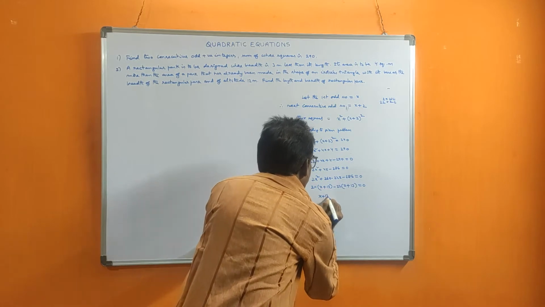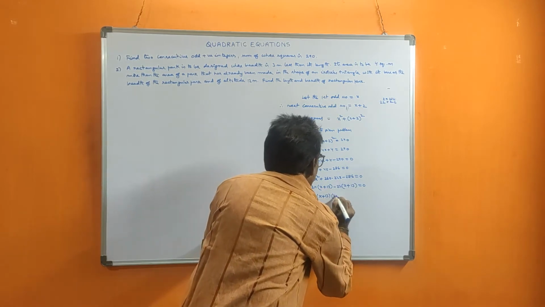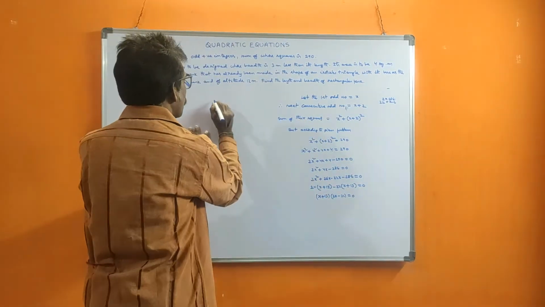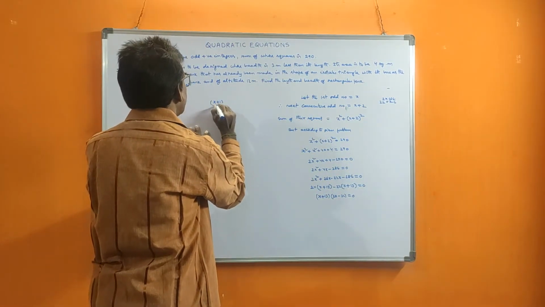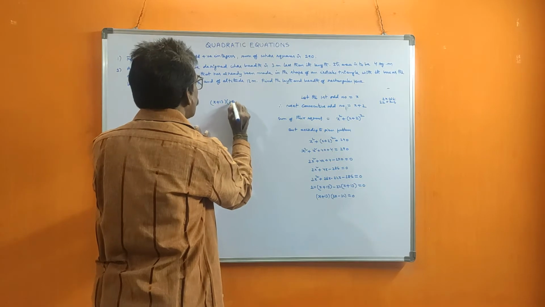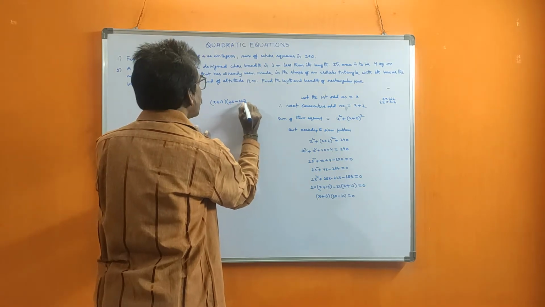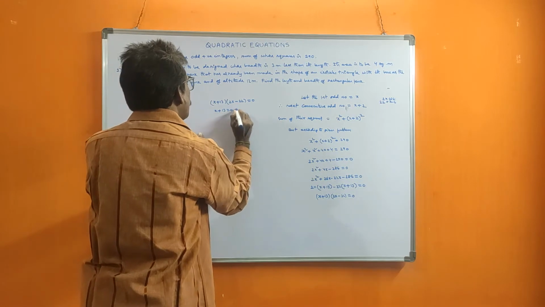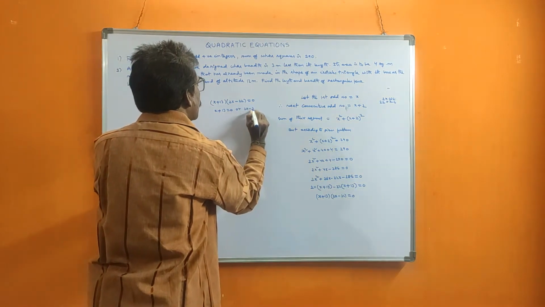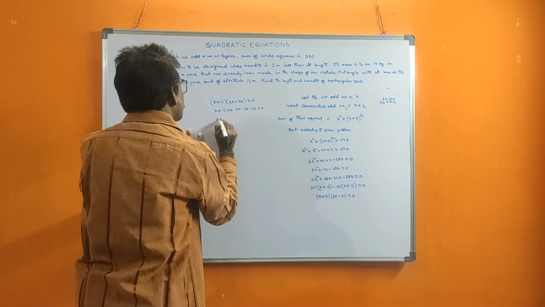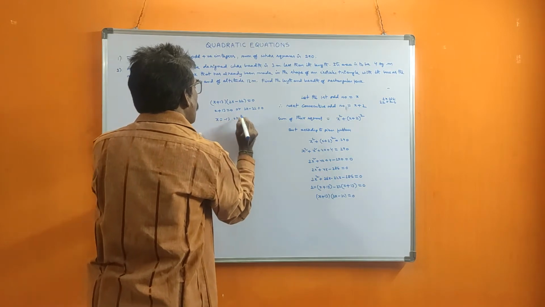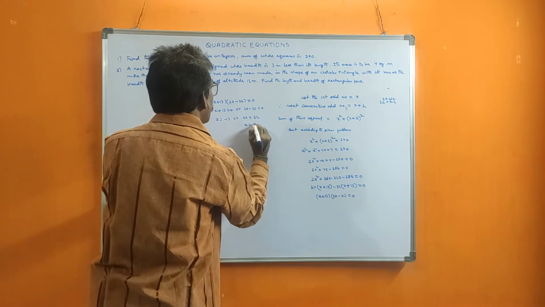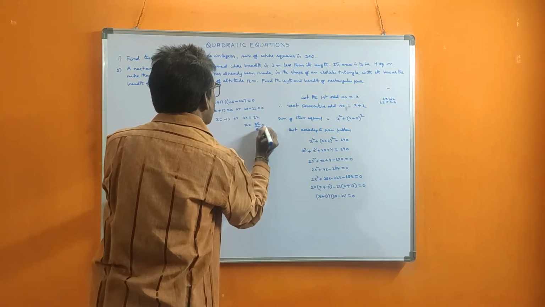Now x plus 13 you take common, 2x minus 22 is left, equal to 0. So (x plus 13) into (2x minus 22) is equal to 0, which means x plus 13 is equal to 0 or 2x minus 22 is equal to 0. By this x is equal to minus 13, or 2x is equal to 22, which means x is equal to 22 by 2, that is 11.